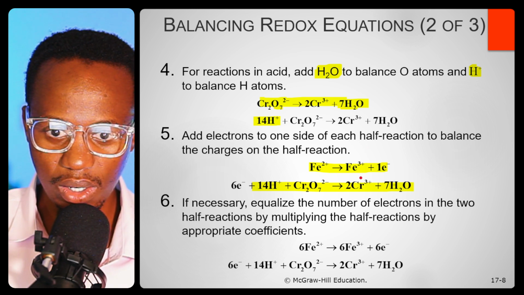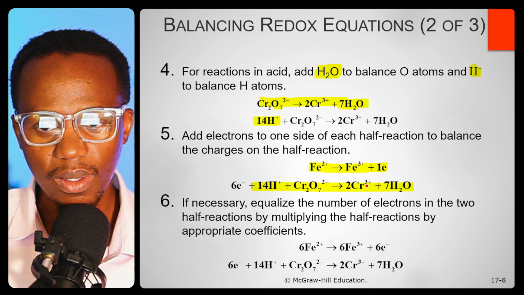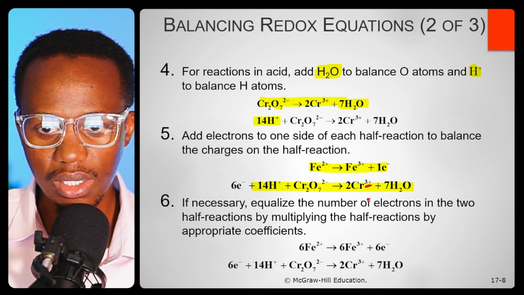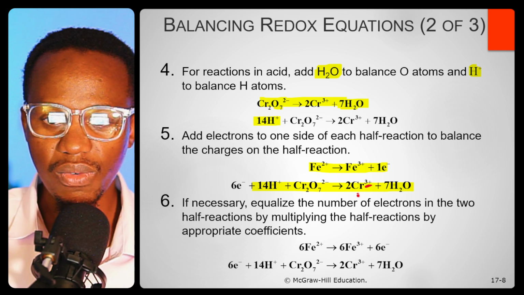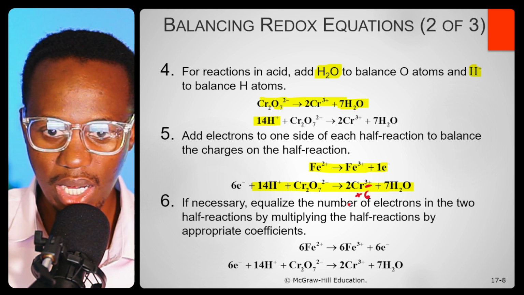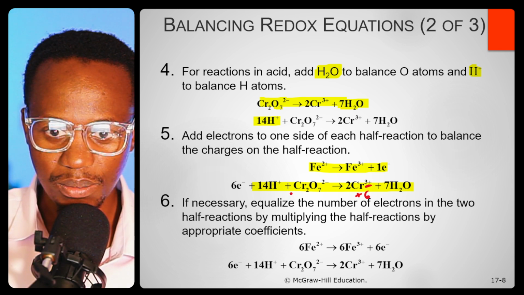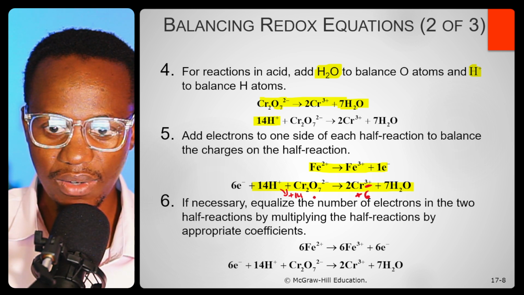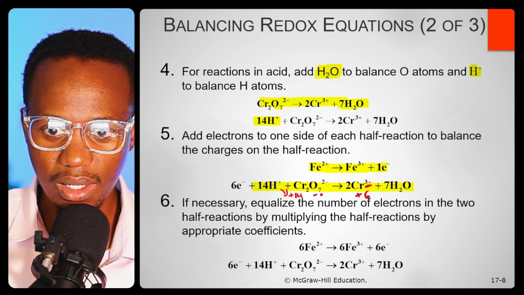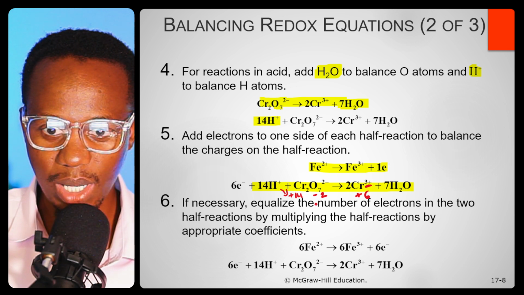The charges here are plus 3 charges, right? The charges here are plus 6 because you have 2. So if you have plus 6 charge here, then you come back here, you're like, no, I have plus 14 from here, and then I have negative 2 from here, right? So the charges here are not balanced.